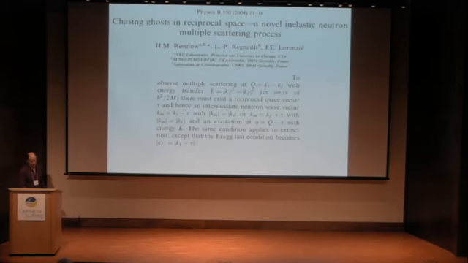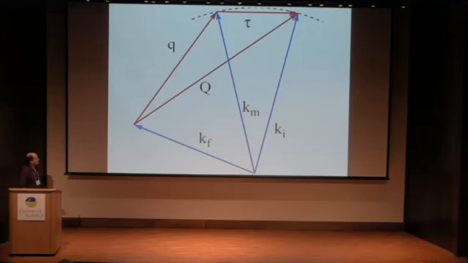So just to go back to Renault's paper, to observe multiple scattering at some wave vector q, okay, with an energy E, there must exist a reciprocal space vector tau, and thus an intermediate wave vector km, and an excitation at q minus tau with energy E. It's a lot of words, I understand, but here's the simple diagram.